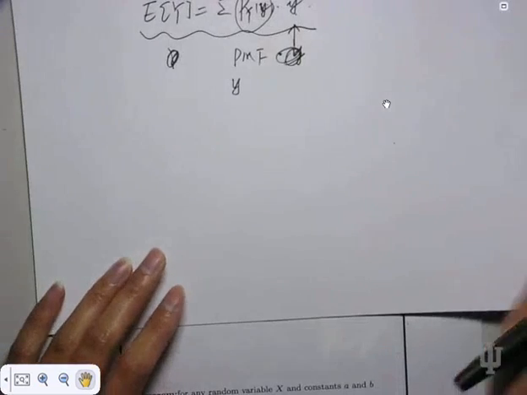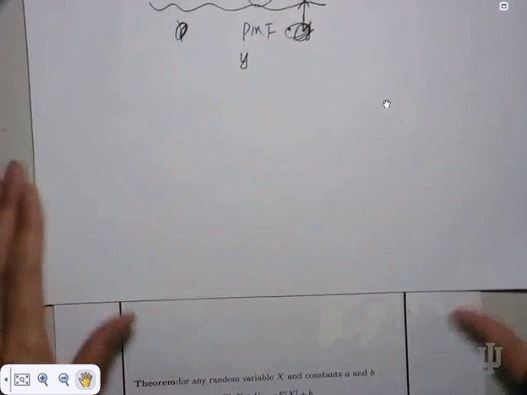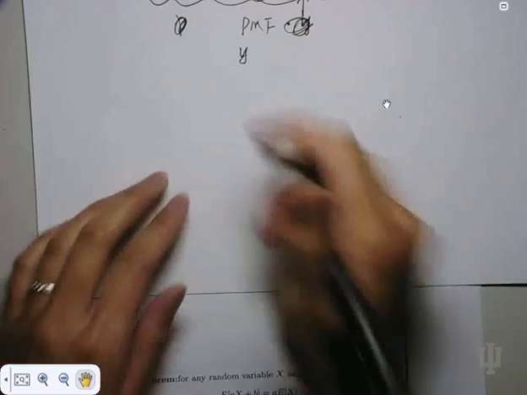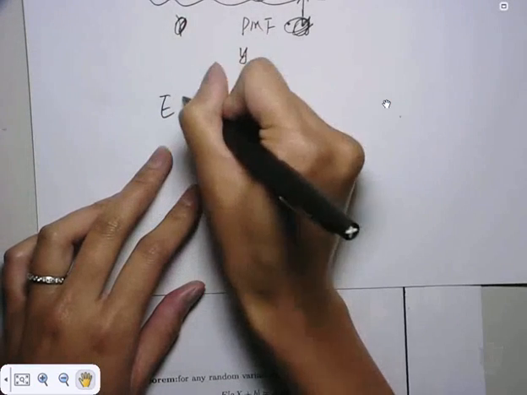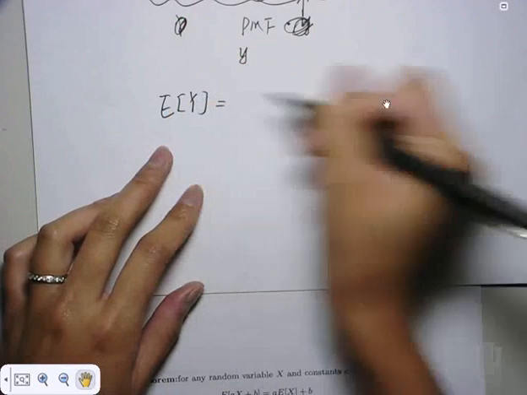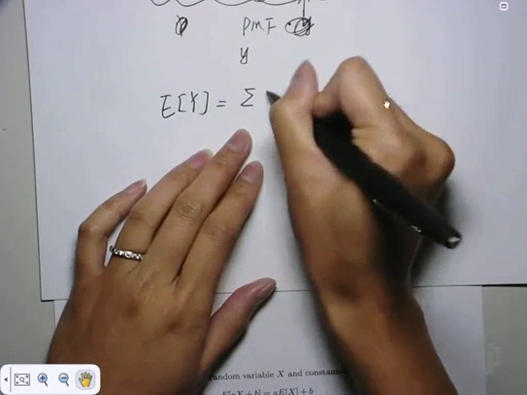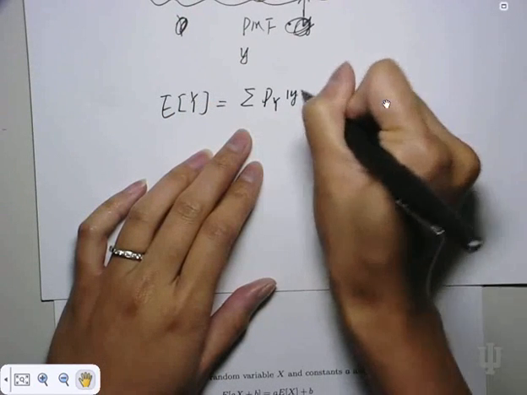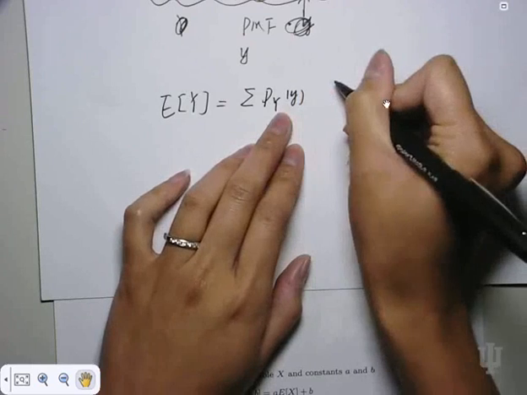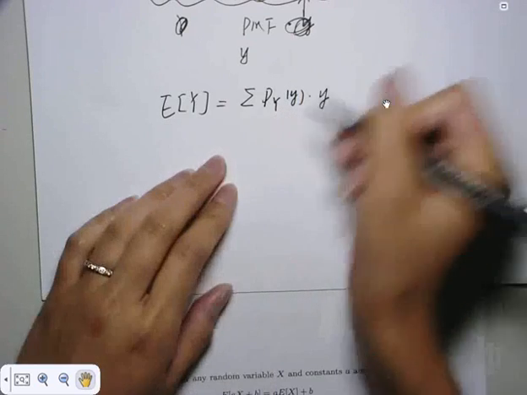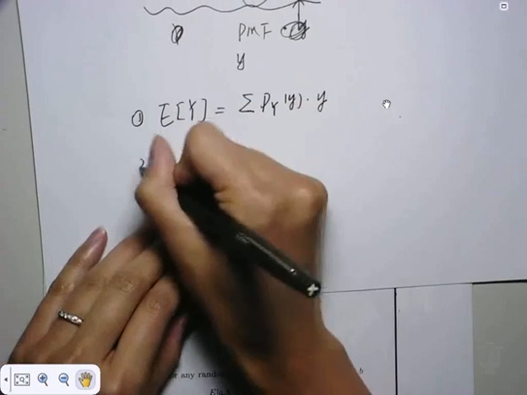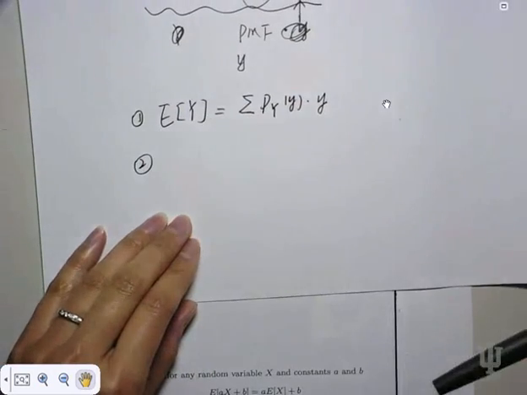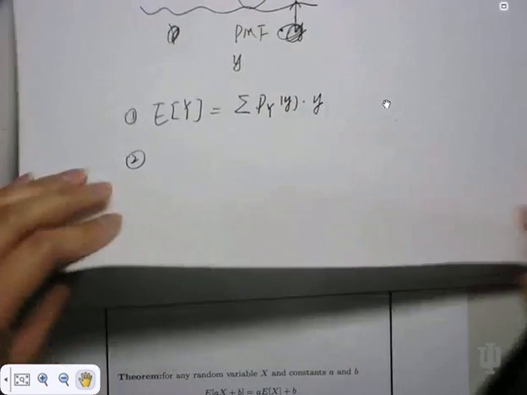So still that example. One way to do this, first way, from the definition, you need first to find the probability mass function of y. And then we have another way. So first do the example.